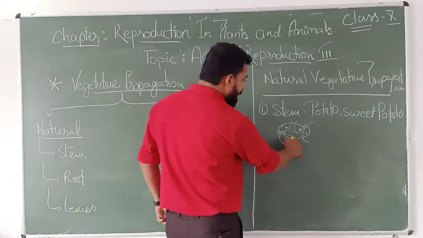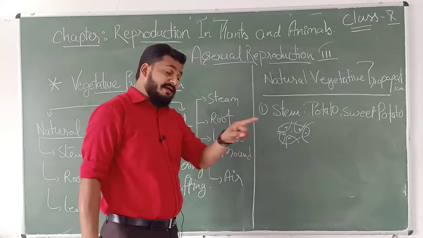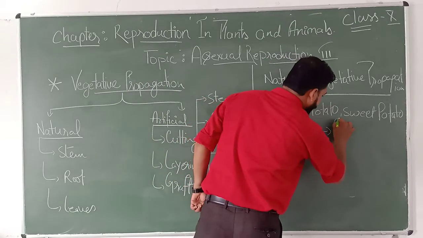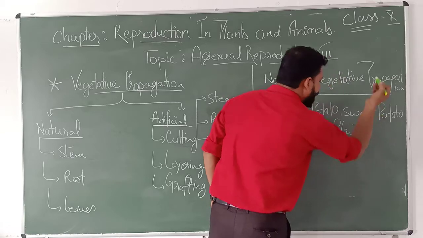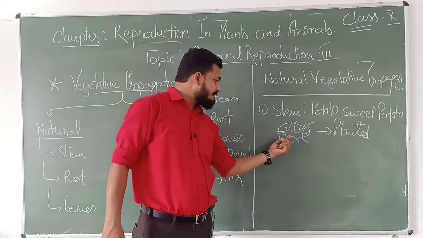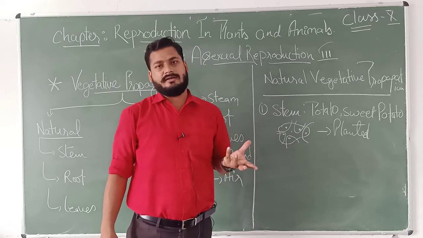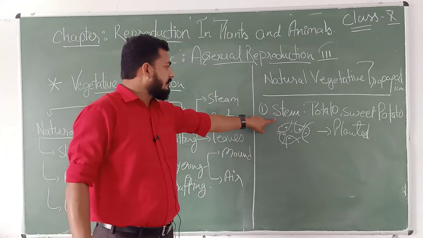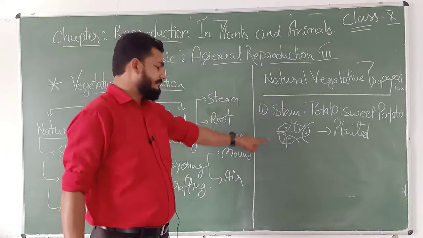And each of these 6 pieces of this potato, each bearing the eye or the bud, will be planted, and after some time each piece will propagate into a complete new plant, and thus we get to know about natural vegetative propagation by stem.